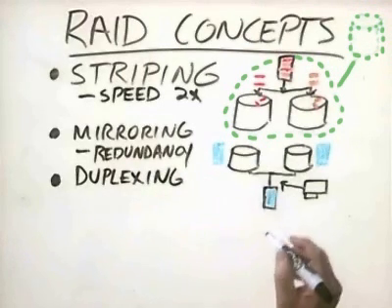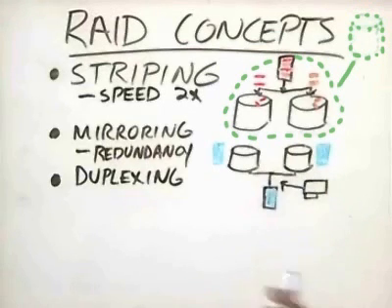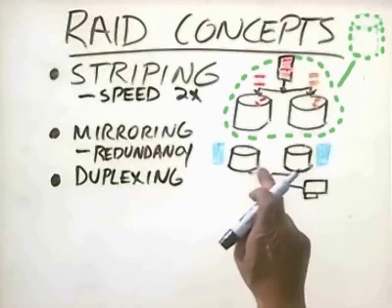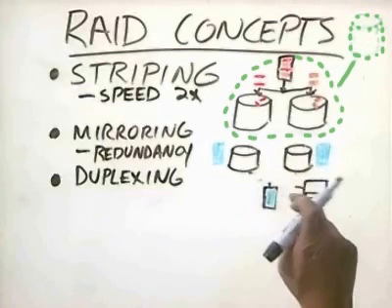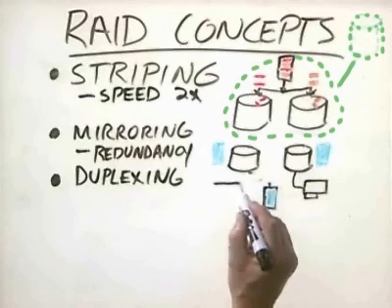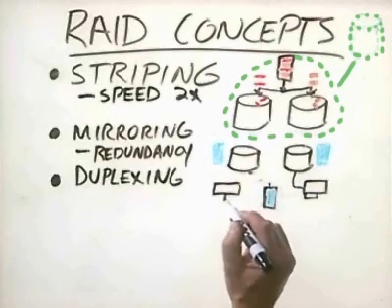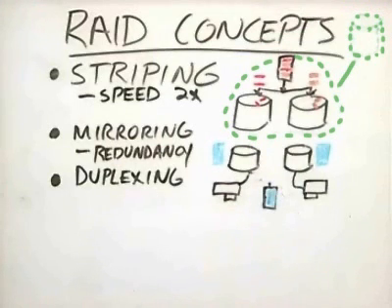Duplexing looks a lot like mirroring. We still have our two hard disk drives, but instead of connecting them to a single controller, what we do is connect one hard drive in the mirrored array to one RAID controller, and we connect the other hard disk drive in the mirrored array to a different RAID controller.